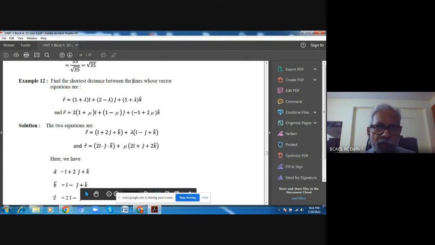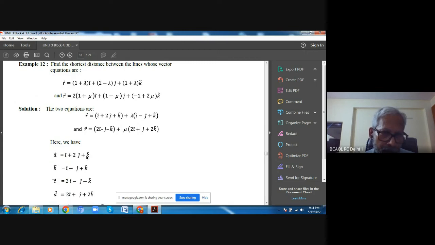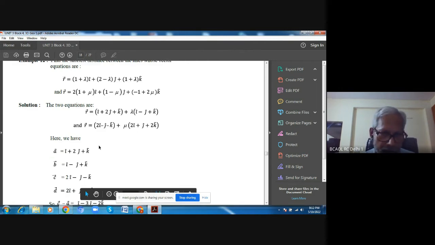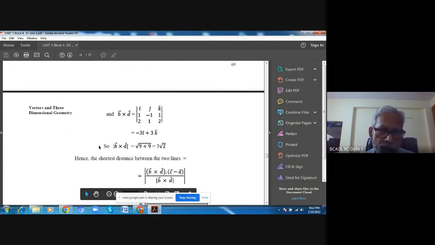Find the shortest distance between the lines whose vector equations are these things. In this case, you see, you have to consider 4 vectors, D, B, C, A, D. One, you can take it from here. 1, 2, 3, 4. There are 4 vectors, and then after that you have to put in a formula.